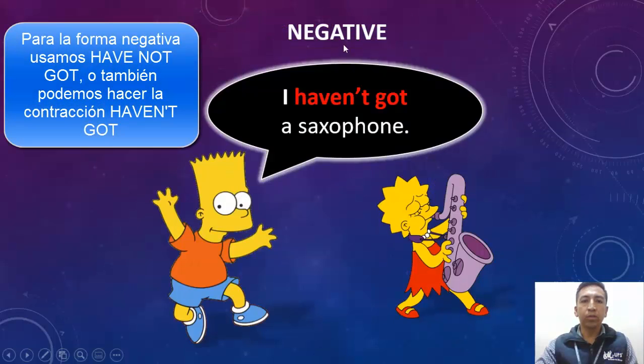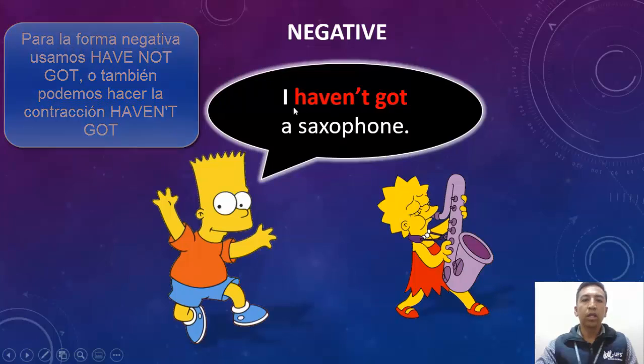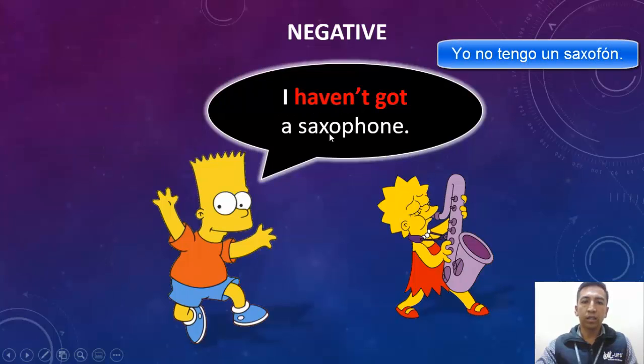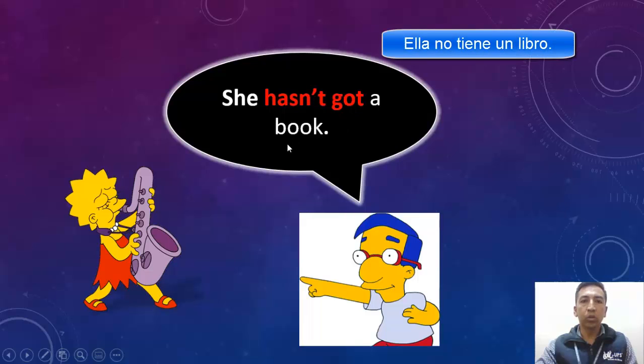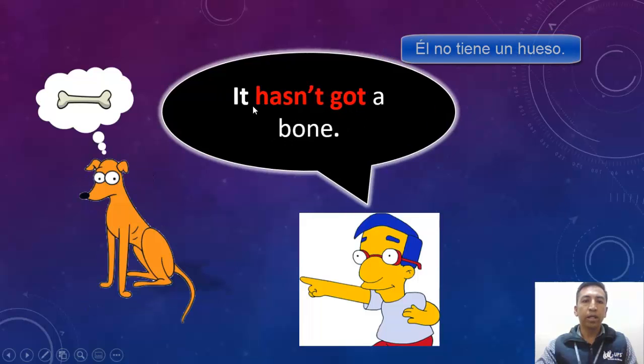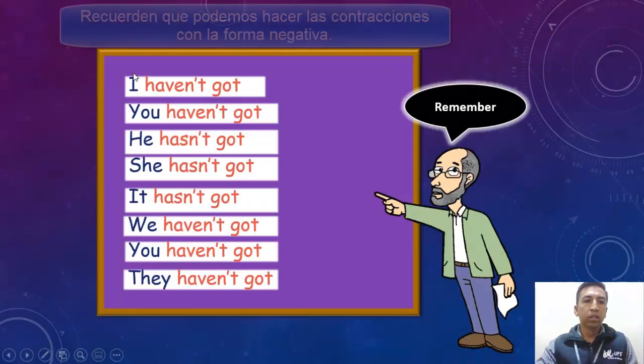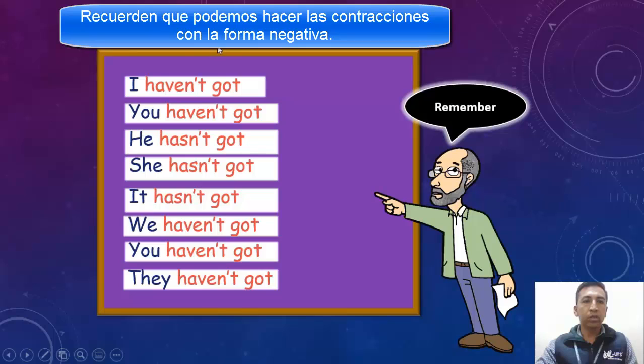For the negative form, we use have, not, and got. Or we can also make the contraction haven't got. I haven't got a saxophone. She hasn't got a book. It hasn't got a bone. Remember, we can also make contractions with the negative: I haven't got.